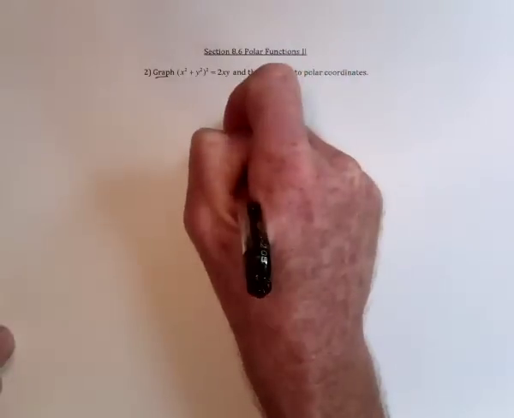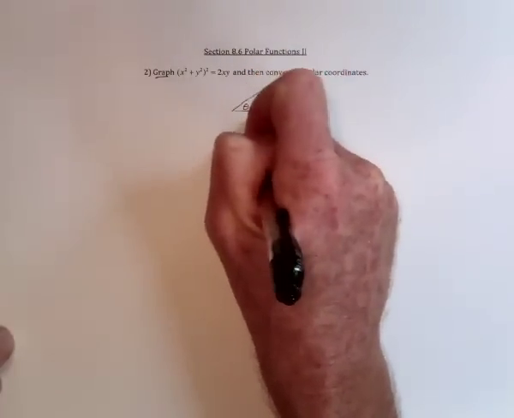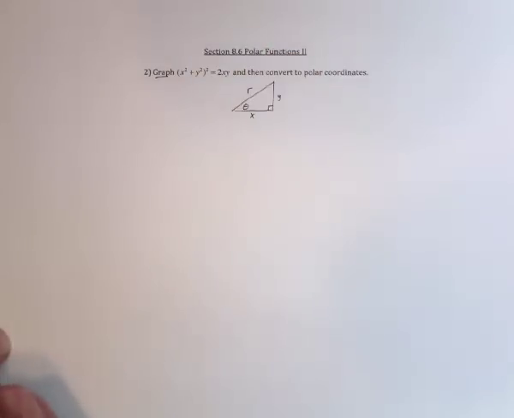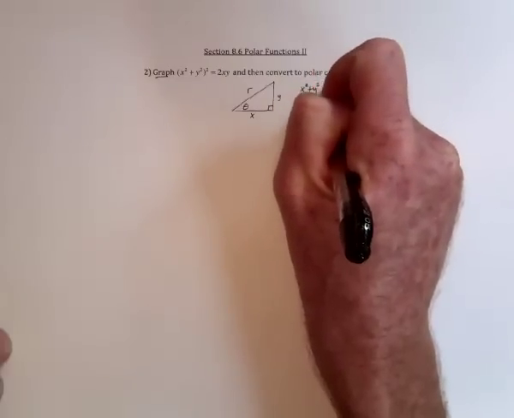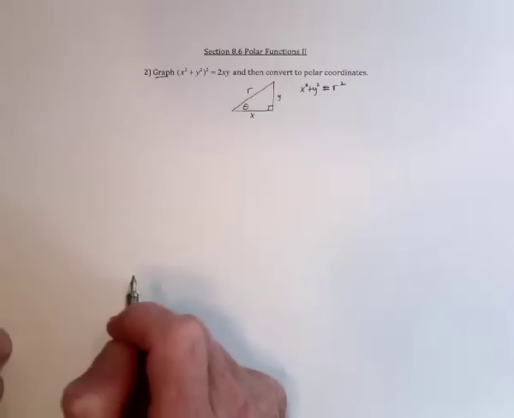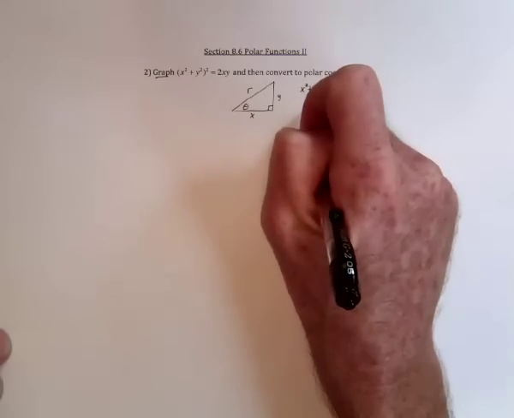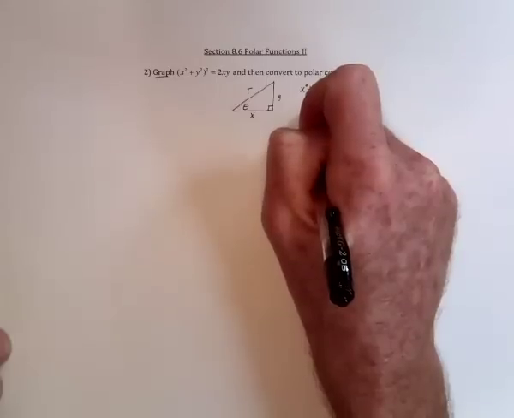So it's best to have these little formulas memorized, but if you don't, use a little right triangle like this, x and y values, the angle theta, and then the Pythagorean theorem would say x squared plus y squared equals r squared. And then if you do cosine, that's going to be x over r.